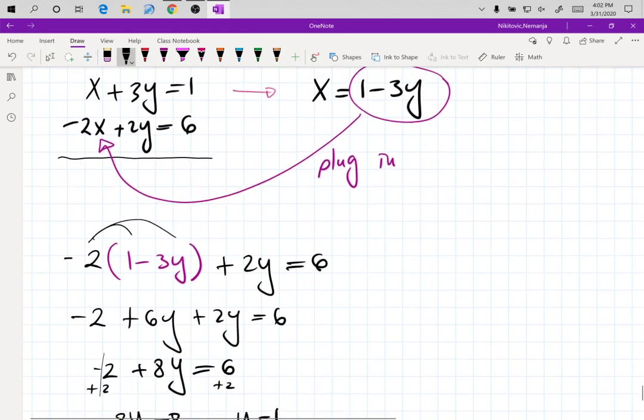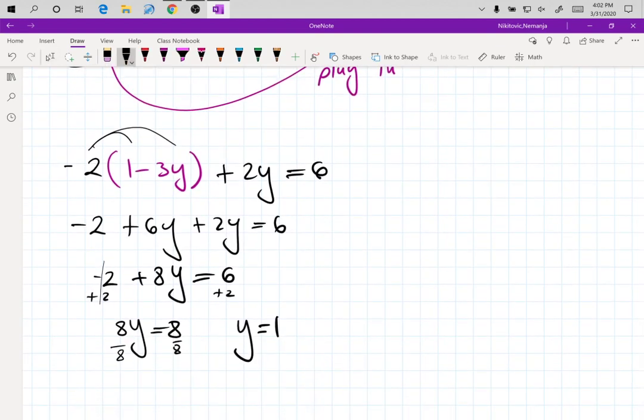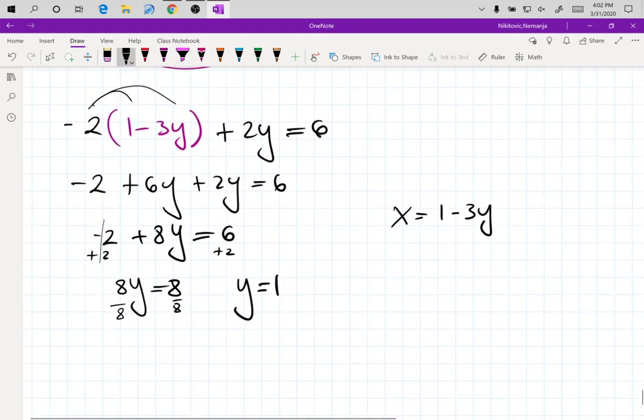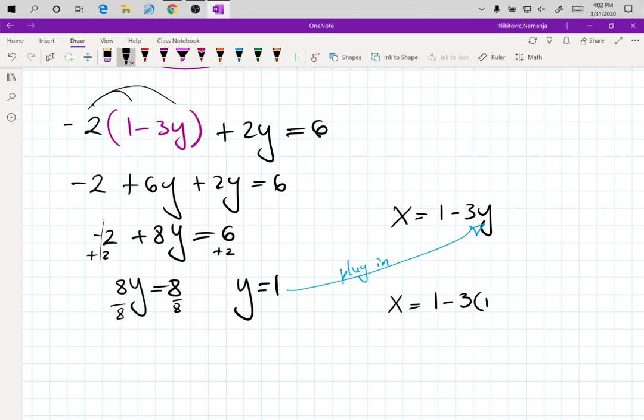And now, all we need to do is to compute x. x was 1 minus 3y. And you need to plug in to calculate x. So x equals 1 minus 3 times 1, which is 1 minus 3, which is negative 2.